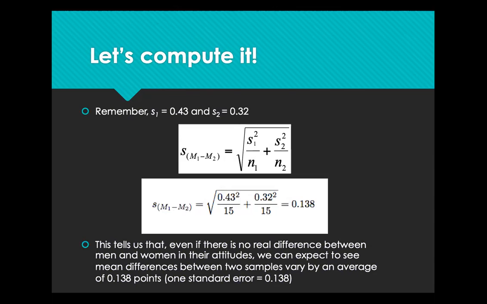And what this tells us is that even if there's no real difference between men and women in their attitudes, if there's no real difference between the means, their average attitudes, we can expect the mean differences between the two samples to vary by an average of 0.138 points. So one standard error, or one standard deviation, in that sampling distribution of differences of means is 0.138.